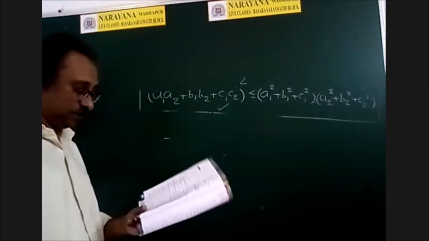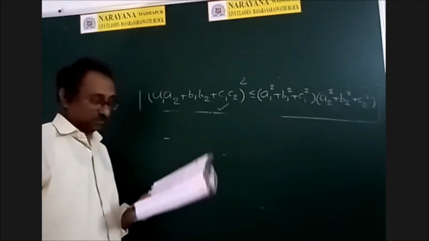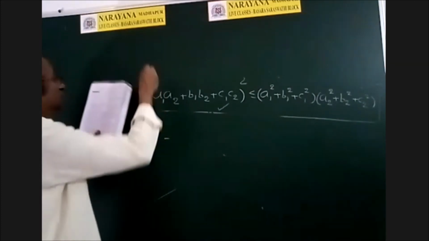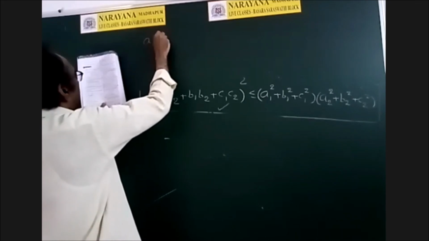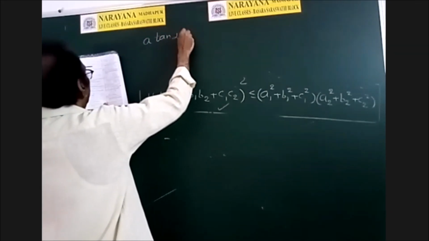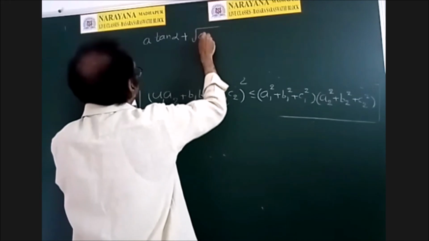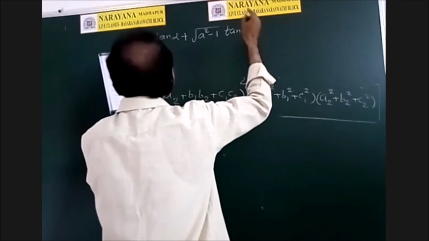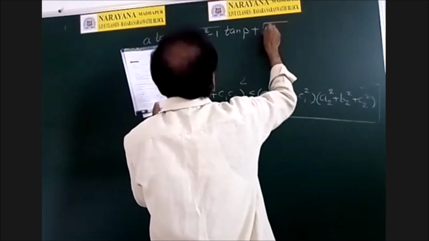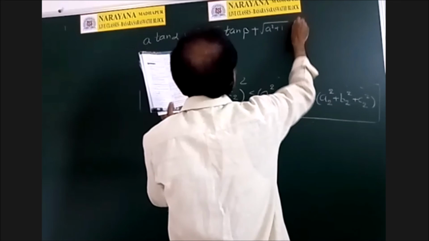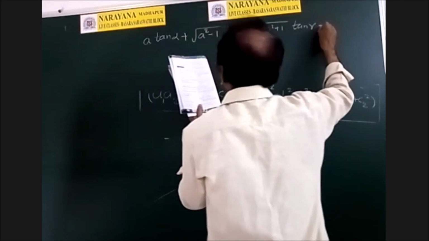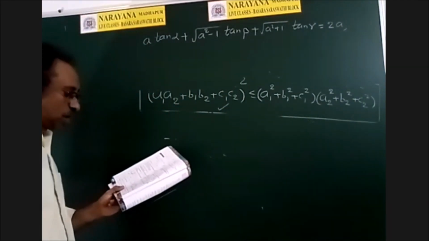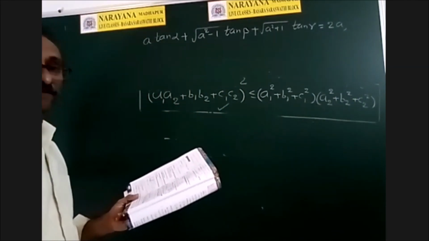Okay, let us see how we are using that. While doing this problem, that is the 15th question. What is the 15th question? A tan alpha plus root A square minus 1 tan beta plus root A square plus 1 tan gamma is equal to 2a, where a is a constant, and alpha, beta, gamma are variable angles.